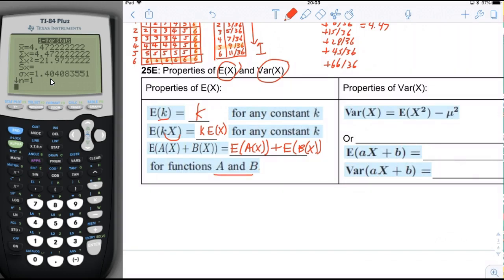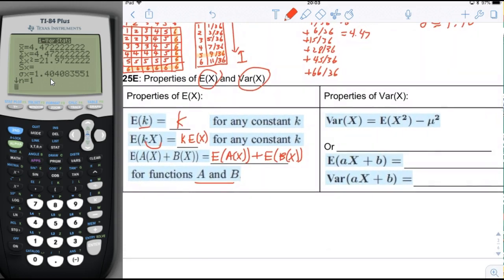What about the variance of x, which is equal to the expected value of x squared minus the mean squared? There's a couple other ways to write this. Another way to write it is the expected value of x squared minus the expected value of x, squared.